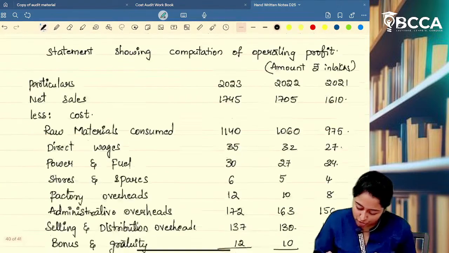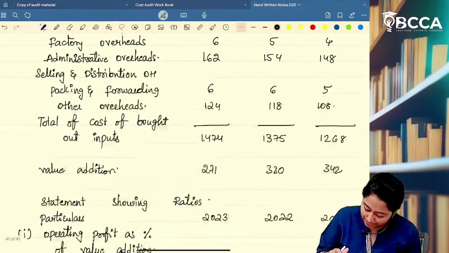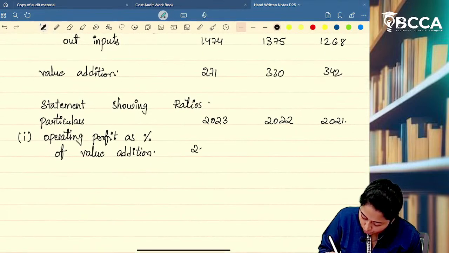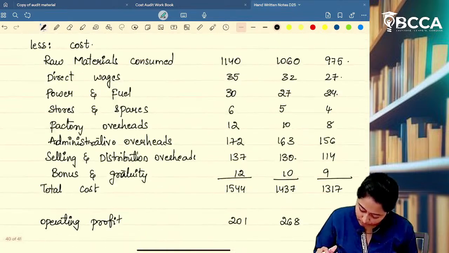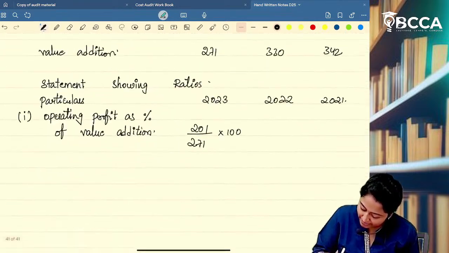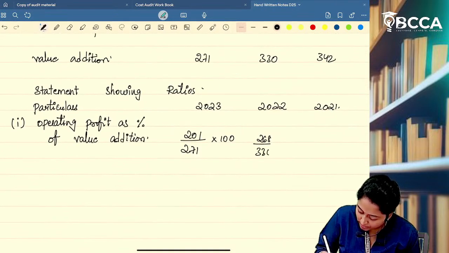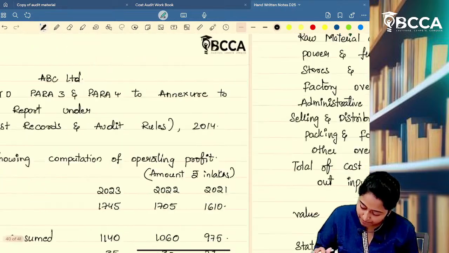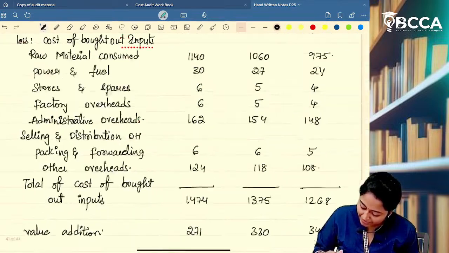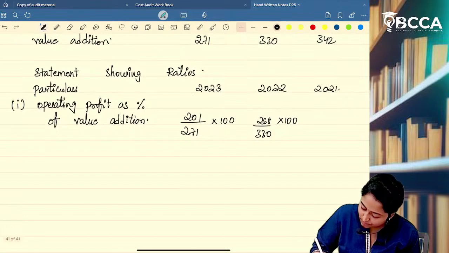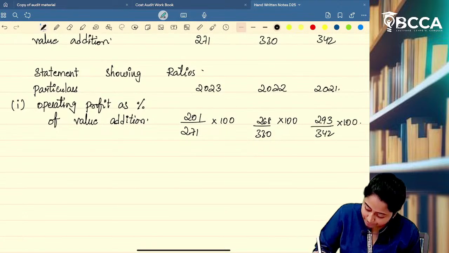Okay, what is operating profit? 201. 201 divided by 271 into 100. And then 268 divided by 330 into 100. And 293 divided by 342 into 100.